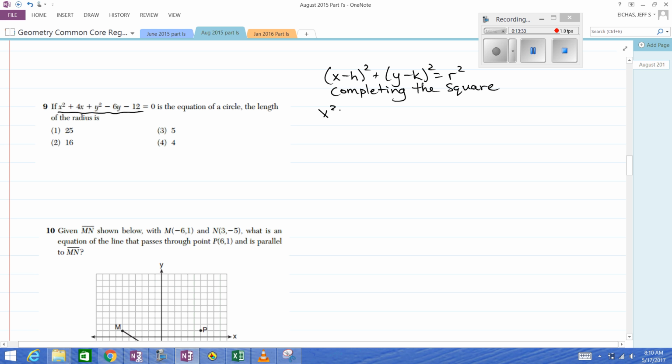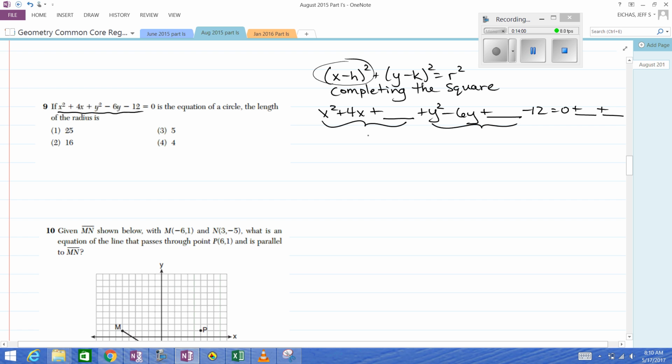So what I tend to do with my students is tell them we've got to complete the square. We've got to end up looking like this. So there's going to be a number that we have to add in to complete the square of these three. Those three are going to combine. Keep the minus 12 equal to 0.